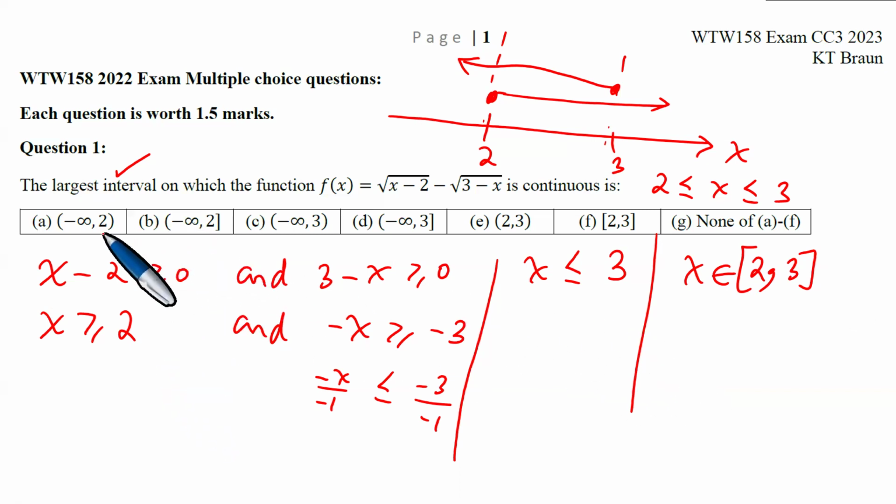The examiner is using commas all the way, but in school, 2,3 is a decimal, whereas here, this means an interval. So the largest interval possible, the correct answer, is F.